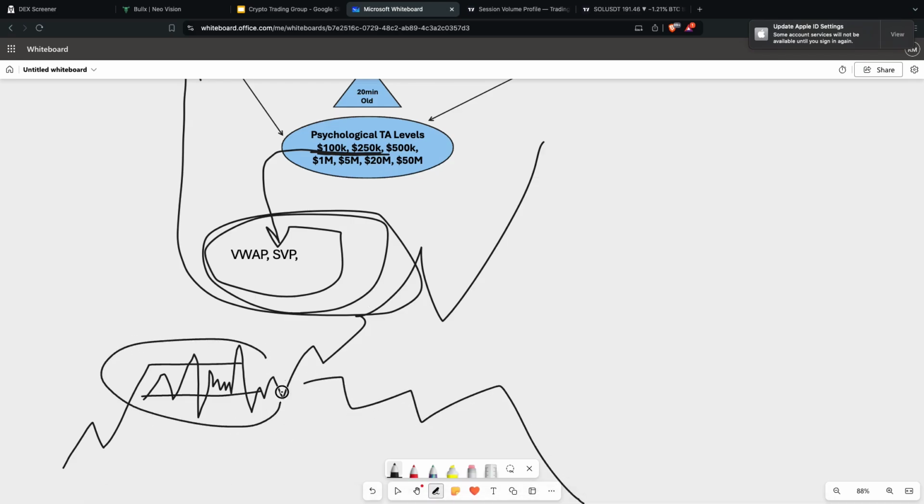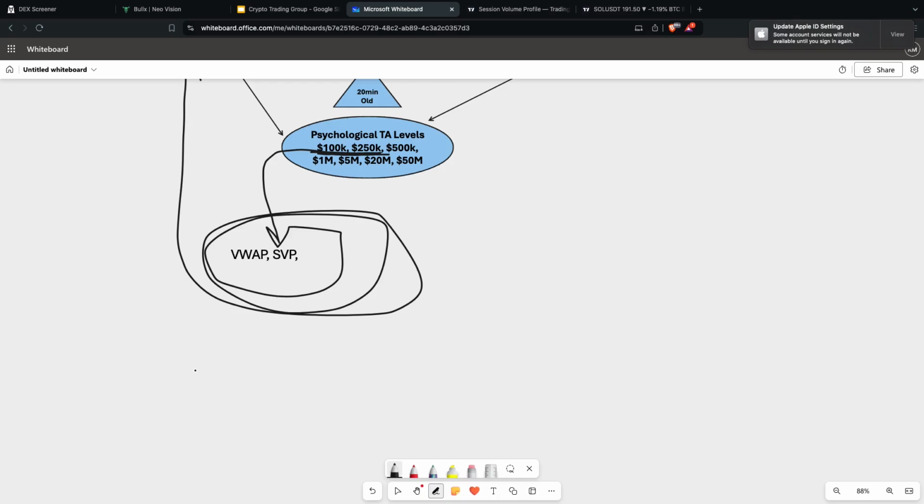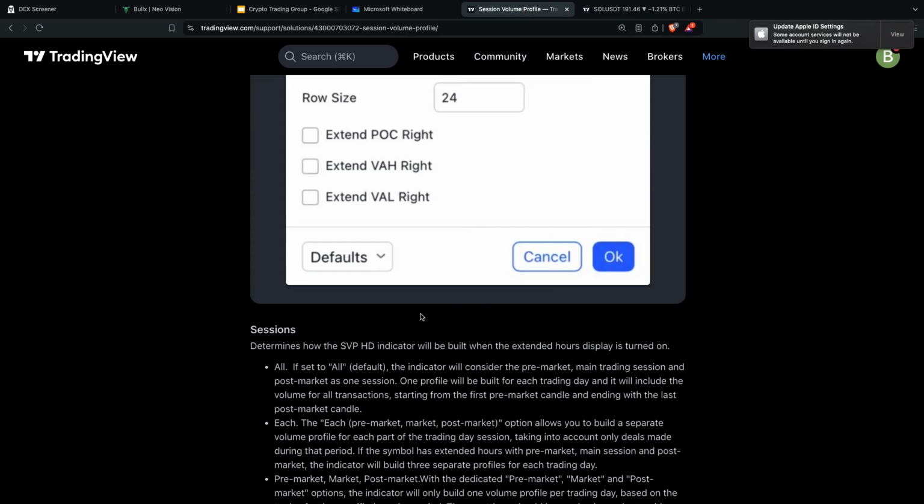So during this particular phase, you've got a very short period of time to determine whether it's going to be a breakout or a breakdown. Use the VWAP and the SVP to determine that. So now let's go to the SVP, the session volume profile.